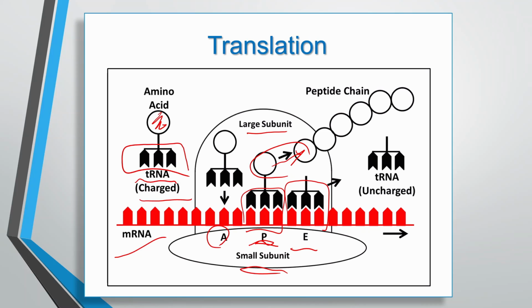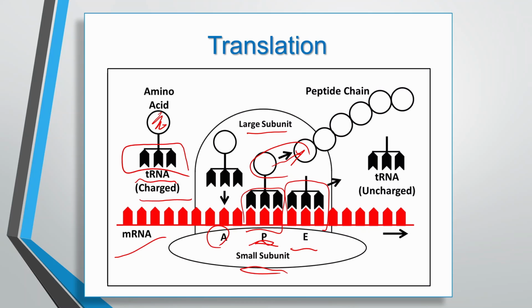The mRNA is continuously fed through the ribosome to keep the process moving along the mRNA to the next codon in line. And as it does, the tRNA/amino acid complexes are transitioned through the different sites on the ribosome, through the A, P, and then E sites.